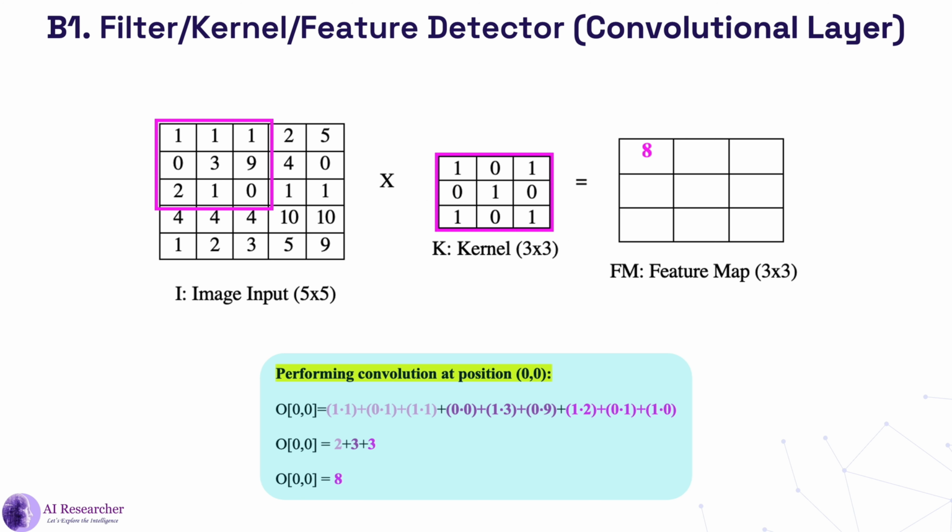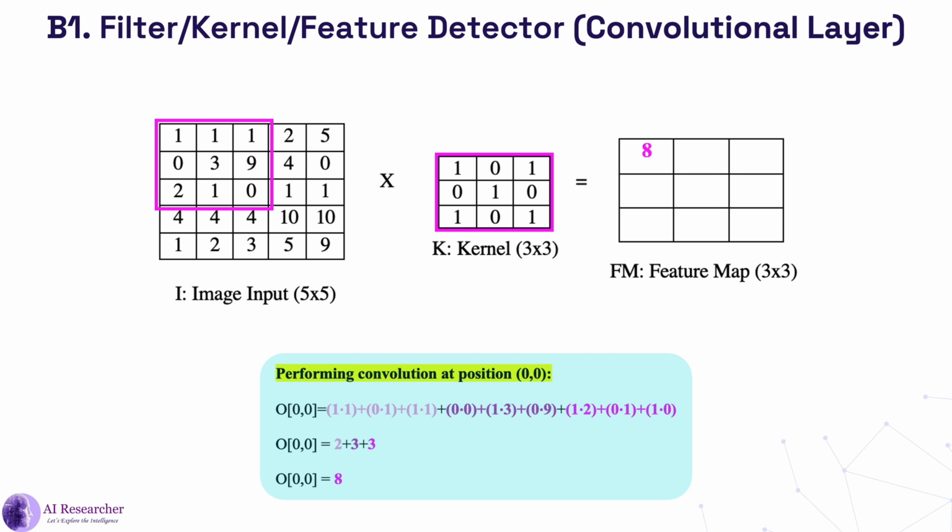Convolution involves sliding the kernel over the image, aligning it with each possible 3 by 3 block of the image, multiplying corresponding elements and summing the results. This is the overall explanation about the interaction between the image input and the kernel.